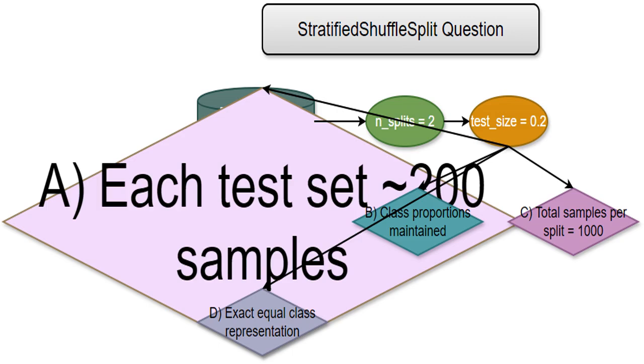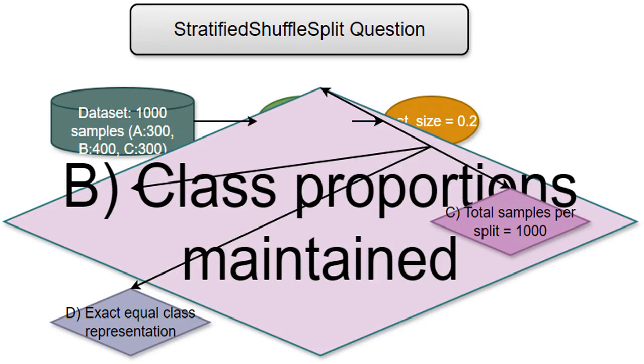Because test_size is 0.2 and I have 1,000 samples, I predict each testing set will have approximately 200 samples. Stratified shuffle split aims to maintain the proportion of classes A, B, and C in both the training and testing sets of each split. That is, the ratio of classes will be roughly the same as in the original data.